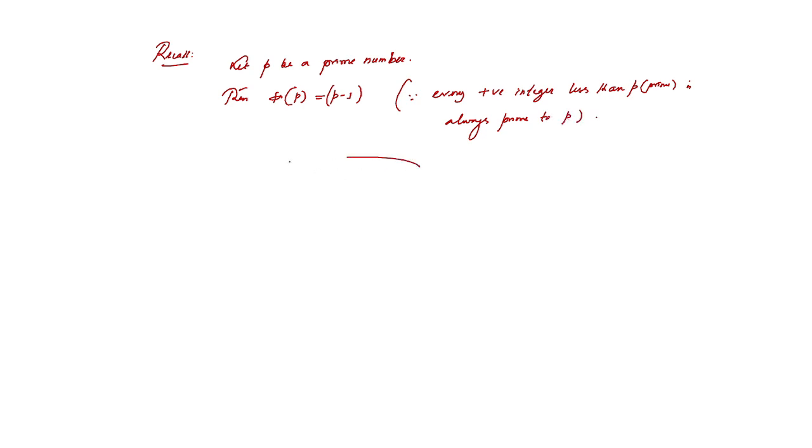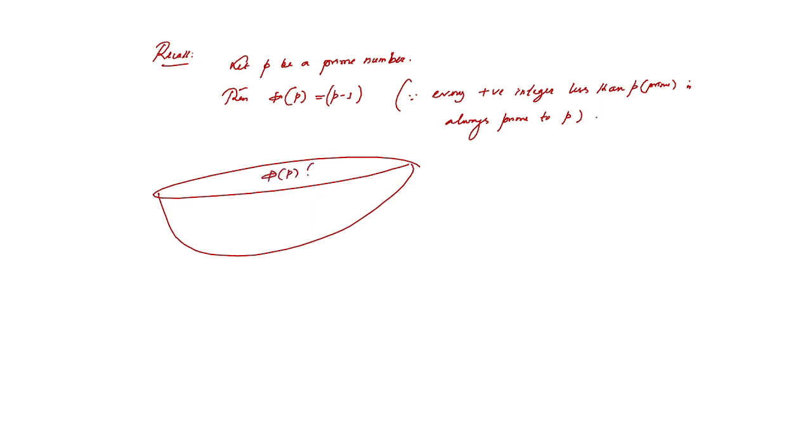Say you are trying to calculate phi of p where p is prime. You just check 1, 2, 3, 4, up to p minus 2, p minus 1. All are less than p, and GCD of m and p will be 1 for all m less than p. So all the integers less than p are prime to p, and phi of p will be p minus 1.